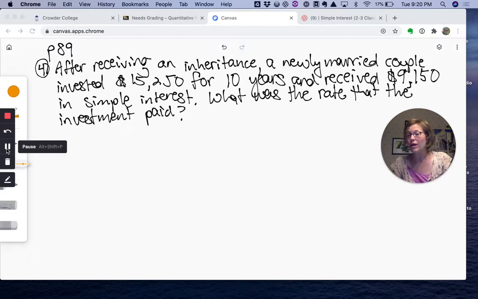If you have an equation that has more than just one thing that you don't know, then that one's not going to be as helpful.